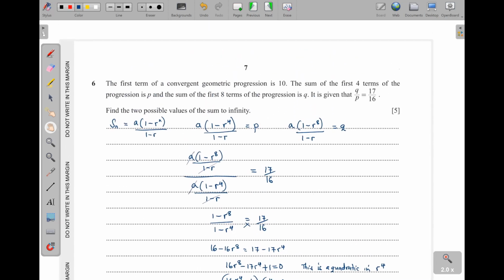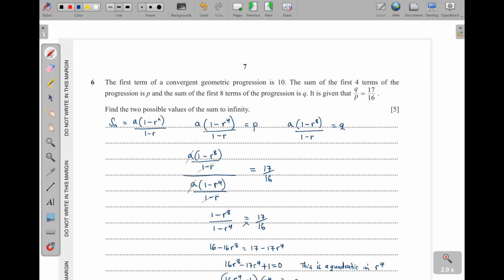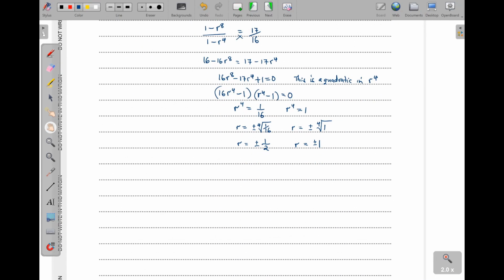Now, since this is a convergent series, you should know that r is within the range of -1 to 1. For the sum to infinity, which equals a over 1 minus r, we know that r is within this range. Sometimes they write it as the modulus of r less than 1.